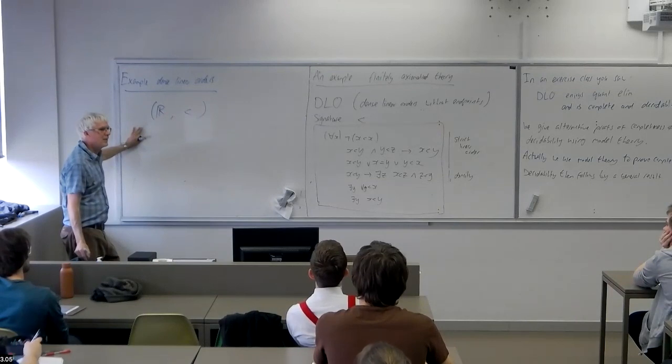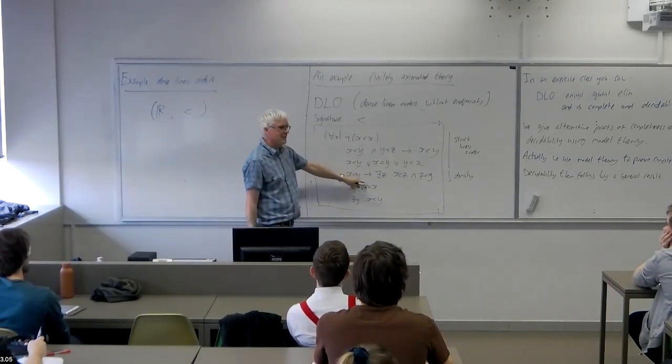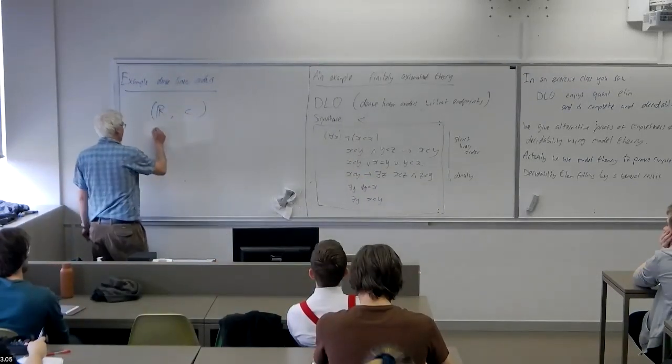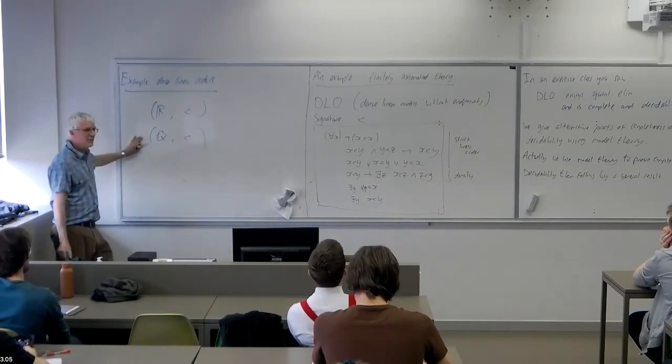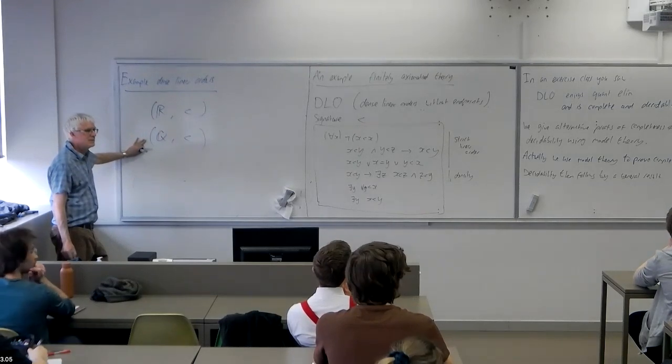Whole numbers? The integers? Oh, but they're not dense, right? You don't have any numbers between 0 and 1. So the rationals. Okay, any others? You can take copies of the reals.